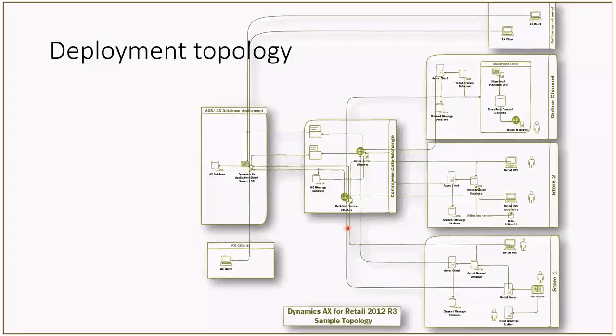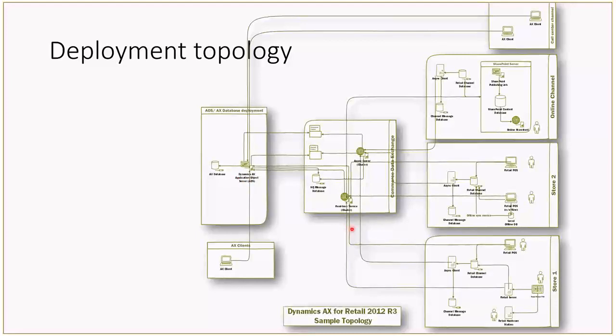Likewise, with your real-time service, you could also add a hardware load balancer so that all incoming traffic gets dynamically routed to an appropriate instance of real-time service. To support that scenario, when you are defining the real-time service profile in AX for your retail POS and retail server to use, instead of providing the actual connection string for your real-time services, you would provide the connection string to your load balancer.